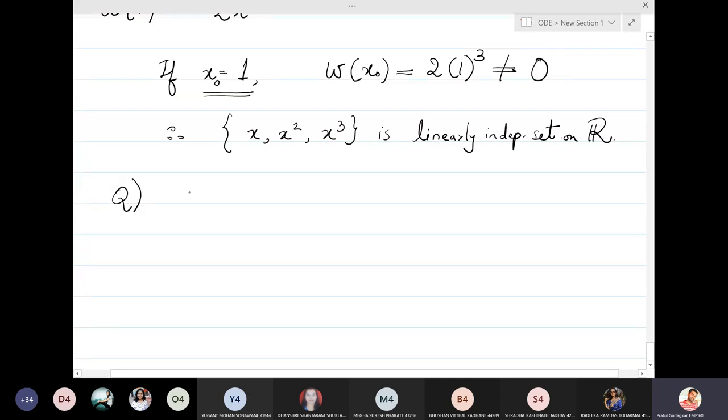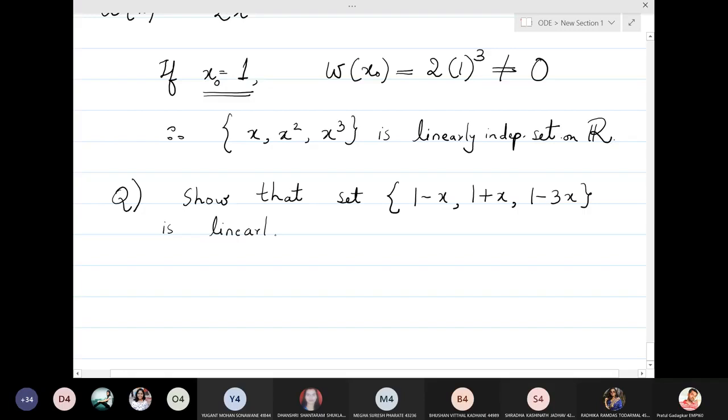Show that the set 1 minus x, 1 plus x, and 1 minus 3x is linearly dependent on R.